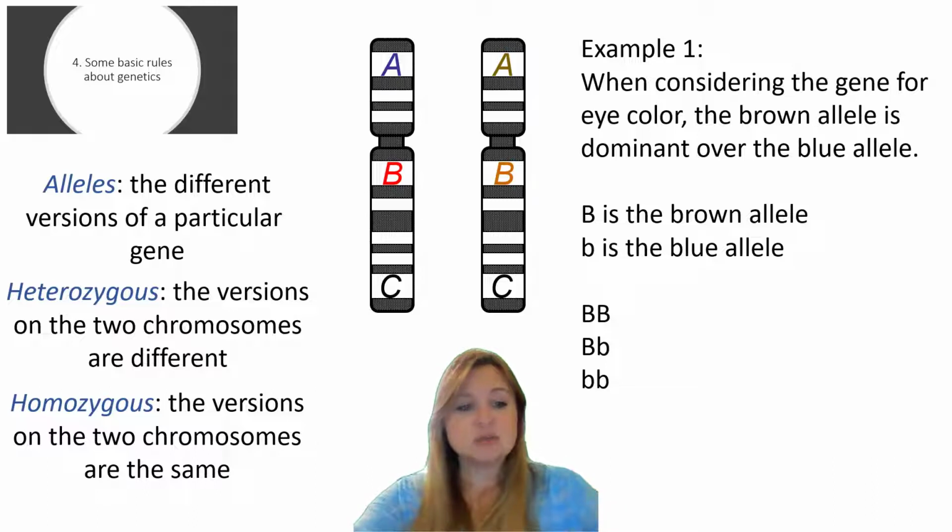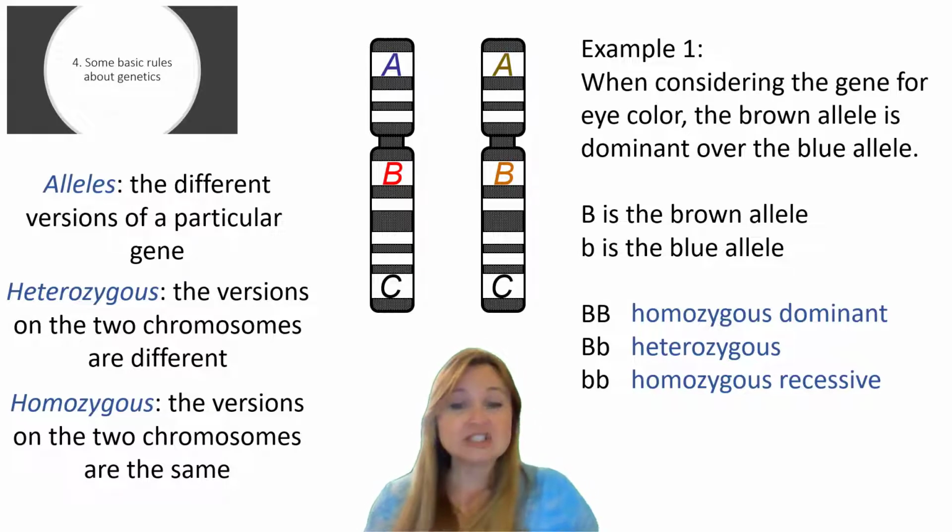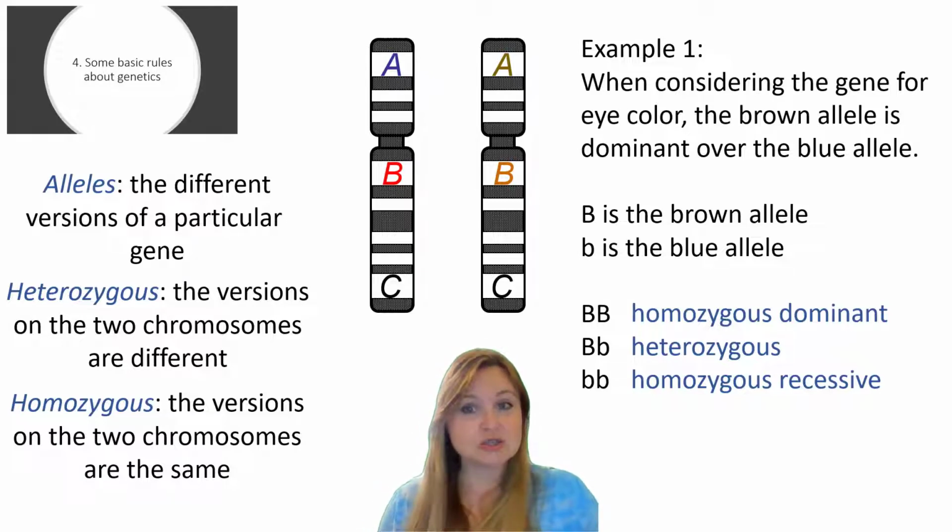So we have the words homozygous and heterozygous, but we can specify that a little bit more when we're talking about the different possible options out there. Big B, big B and little b, little b are homozygous because they have the same version. But big B, big B has 2 of the dominant allele, so we call that homozygous dominant.